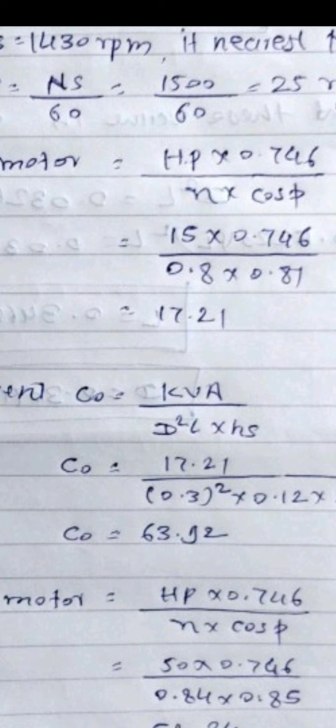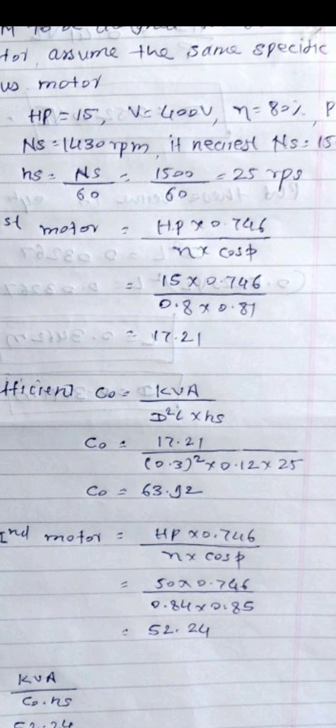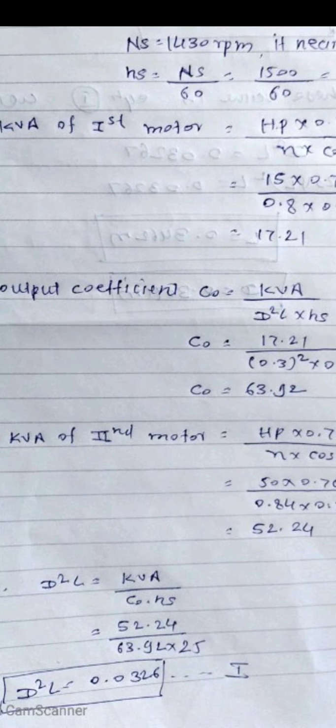We already calculated kVA as 17.21. For d square L of the first motor, d is 0.3, L is 0.12 and speed is 25. Calculating, it becomes 63.92. Next, the kVA for the second motor.